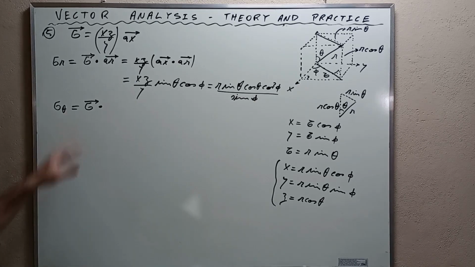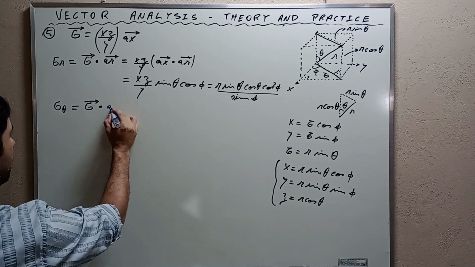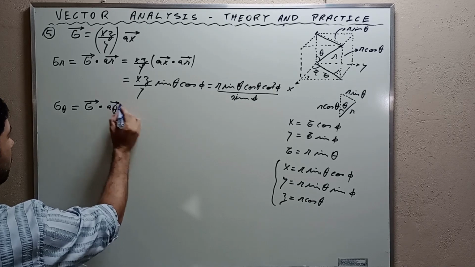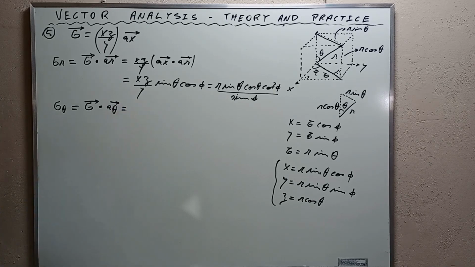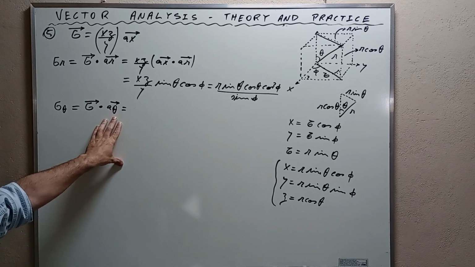And we want the theta direction, then it is going to be a theta. Okay? Both the dot product and the cross product are multiplications.